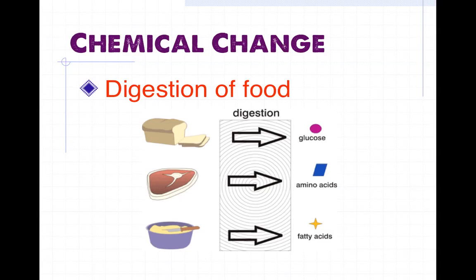You take in bread, meat, and butter, and your body chemically changes those into new molecules, and those would be glucose, amino acids, fatty acids. So you are chemically changing food into those, and then remember your body changes those into ATP. So that is another chemical change on top of that.